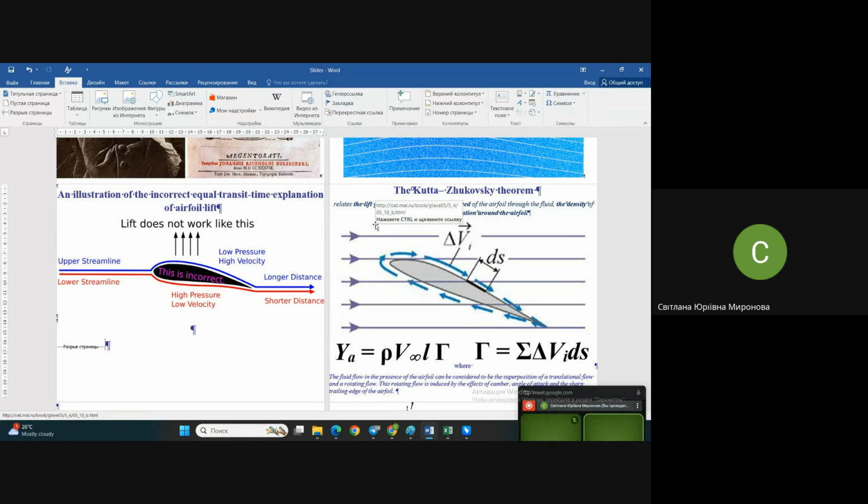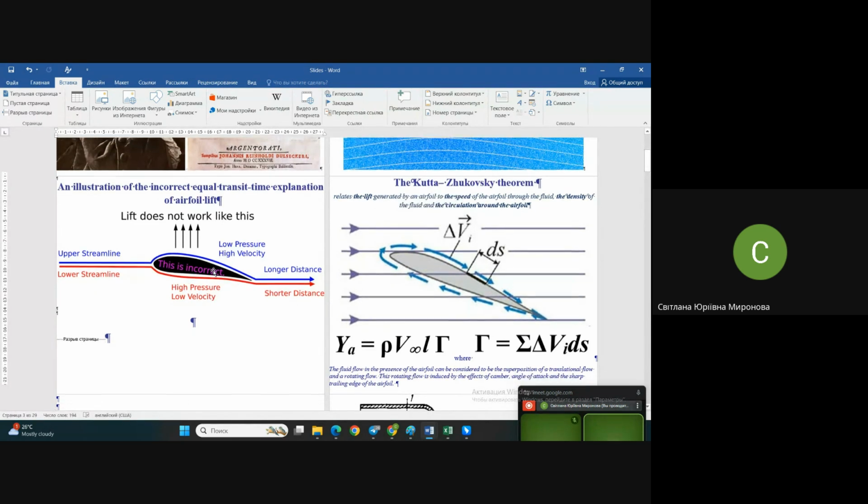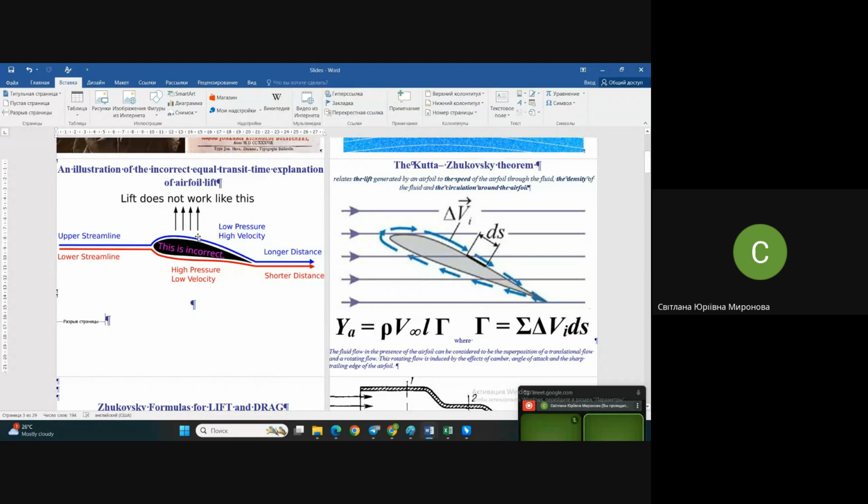But as you have already seen, this explanation is not correct. Really, lift doesn't work like this. The very first who worked with such things, as you heard yesterday and maybe knew before, was Isaac Newton, the famous one, after whom some field of physics, some field of mechanics, is even called.